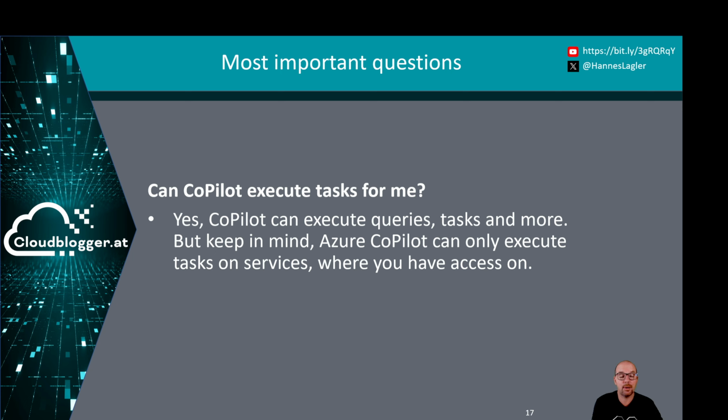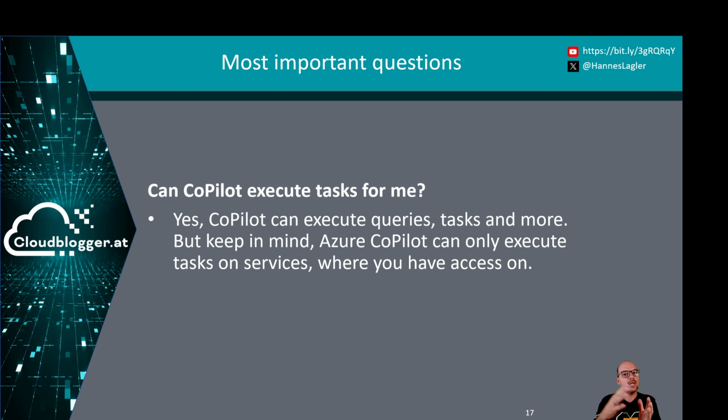You cannot change the permission on a resource group if you don't have the rights. You cannot change the storage account from cool to hot storage if you don't have contributor permissions on the storage account, or the storage account admin or whatever. That's really important. To summarize, Azure Copilot is currently free. On reliability, Azure Copilot gives you the responses from the services where you have access.